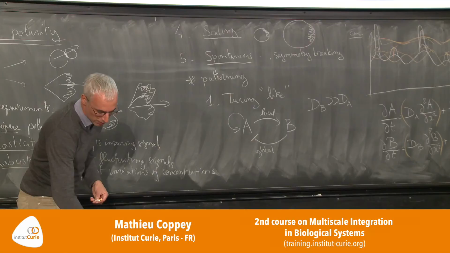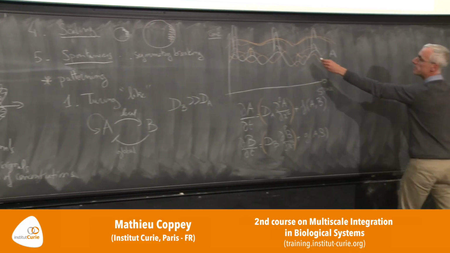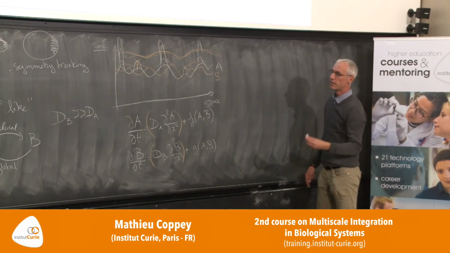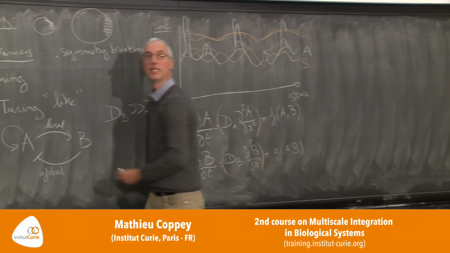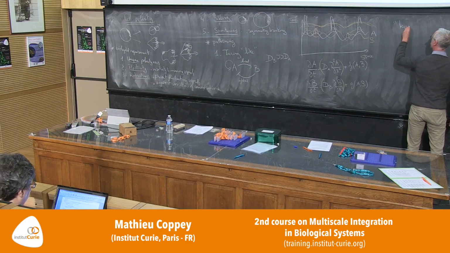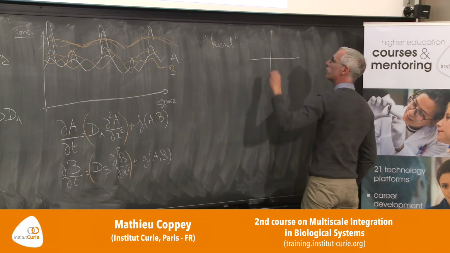So to give you some idea, one way to understand how this pattern emerges is when you look at steady states: the effect of this local self-activation and, let's say, global inhibition, you can summarize in a kernel, which will look like this, that you are going to apply on your concentration.